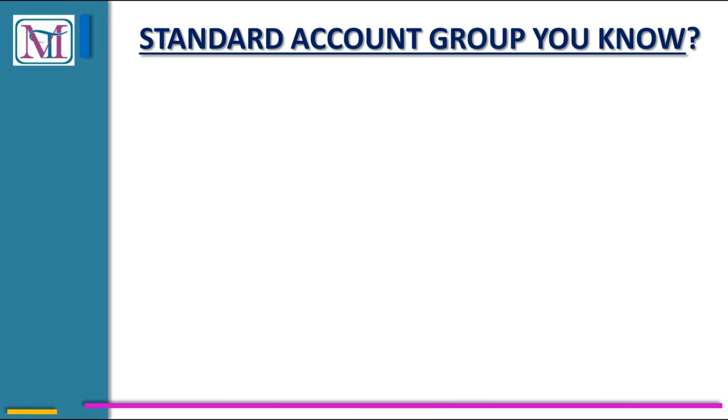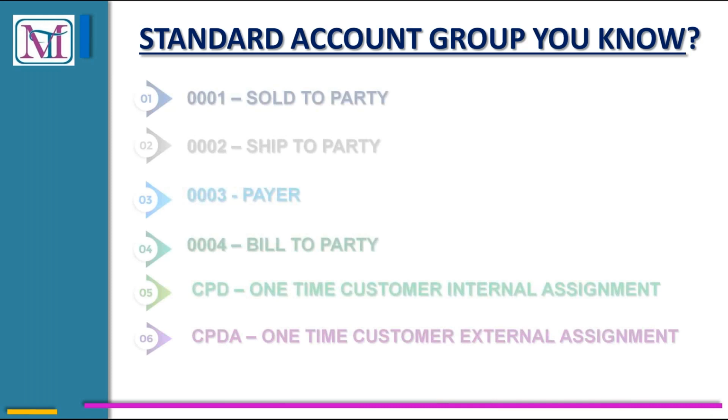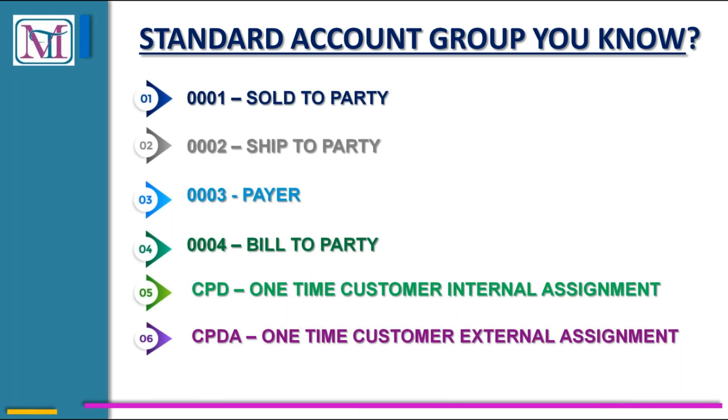What are the standard account groups? We know 6 standard account groups: sold-to party 0001, ship-to party 0002, payer 0003, bill-to party 0004, CPD one-time customer with internal number range assignment, and CPDA one-time customer with external number range assignment.